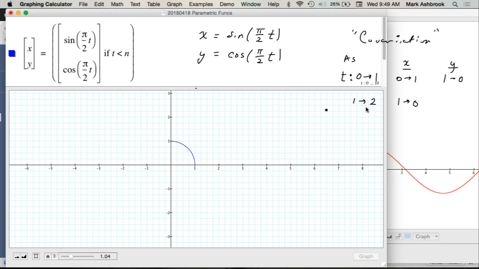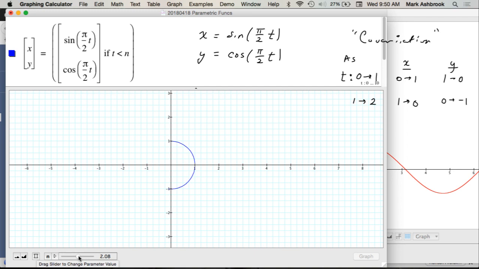So cosine will do what? 0 to negative 1, right? So what will that be? Fourth quadrant. So x will go back to 0 while y goes down to negative 1, and we get the second quarter of the circle down in the fourth quadrant.